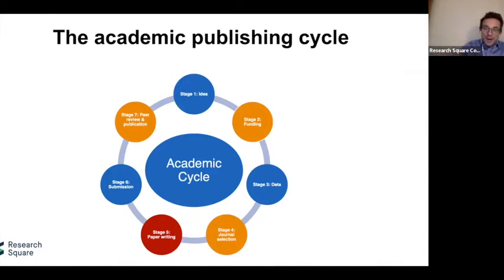We go round and around this kind of cycle all the time as academics, from coming up with research ideas, to generating funding for those research ideas, of course very important, especially in fields like yours, biological sciences, medical sciences, health sciences, pharmacy, pharmacology, pharmacovigilance, all those kinds of subjects where a certain amount of funding is often needed to perform research. Then collecting data, and selecting a journal, a very important step to go through.